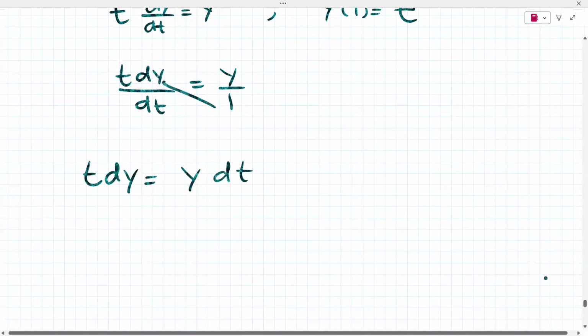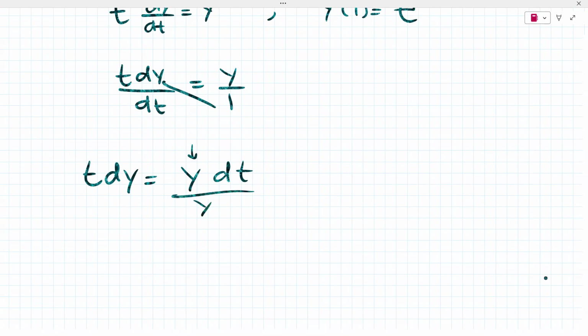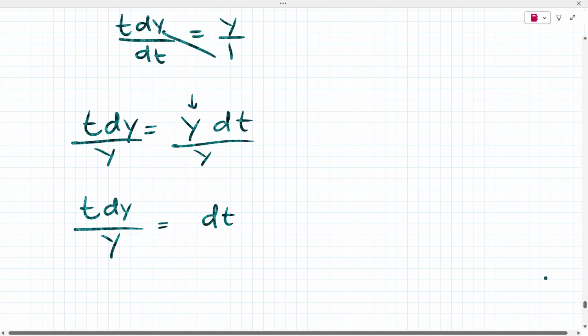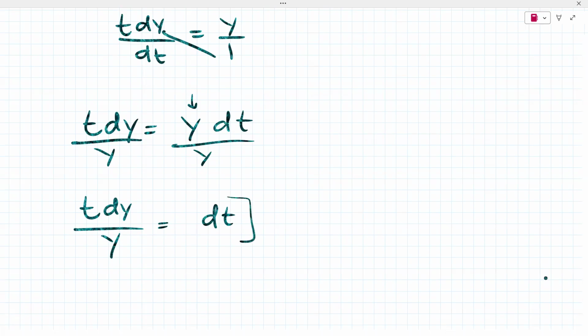It looks like I'm going to have to move things around. Move this y to the left by dividing both sides by y. We get t dy over y, and then over here, you're just left with dt. Then what would I do next? Get rid of this t, because you want to get all the t's on one side, by multiplying both sides by 1 over t.